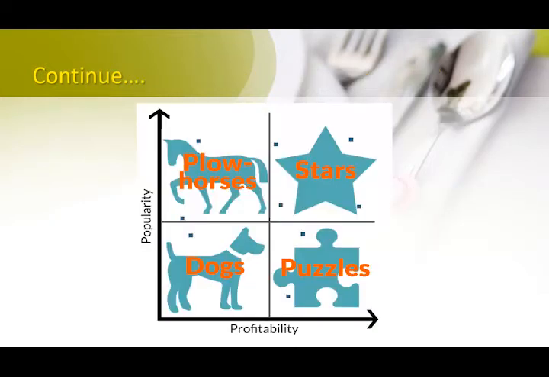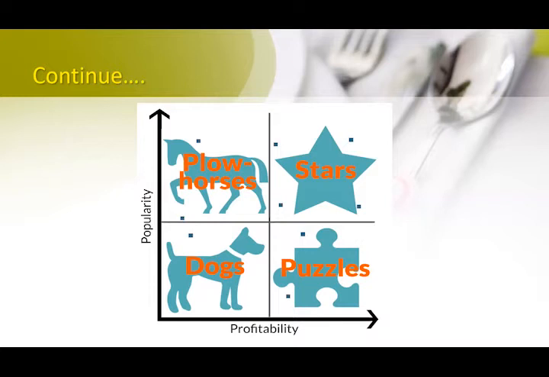This is how the 4 elements are placed in a particular menu metrics, starting with a product which is high in profitability as well as high in popularity is said to be stars. The product which is high in popularity but low in profitability is said to be flow horses.